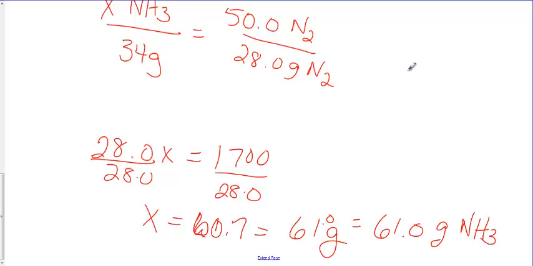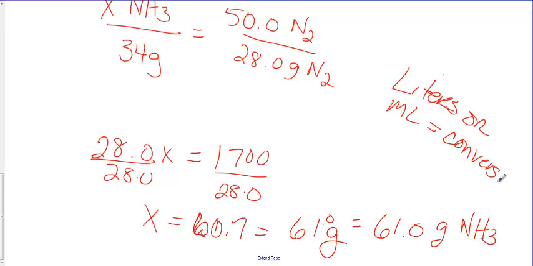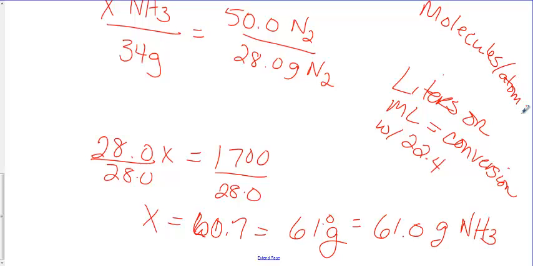Just know how to convert it if they ask about liters or milliliters, then there's a conversion with the 22.4. Or if it says molecules or atoms, then use 6.02 times 10 to the 23rd.